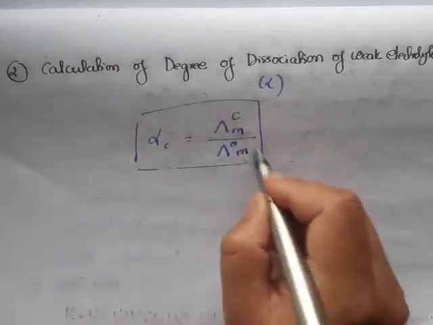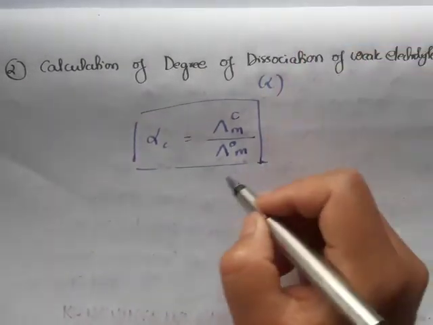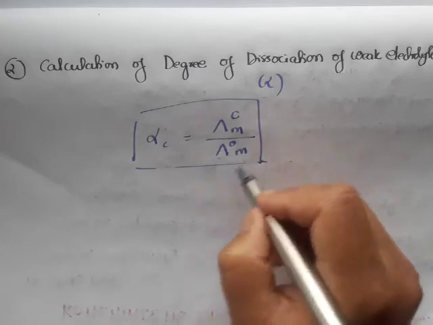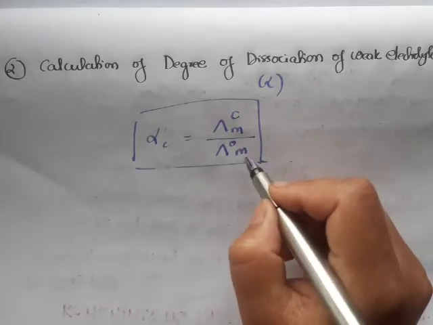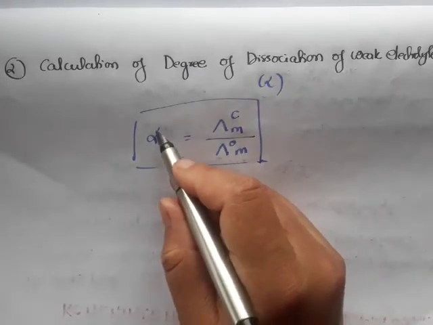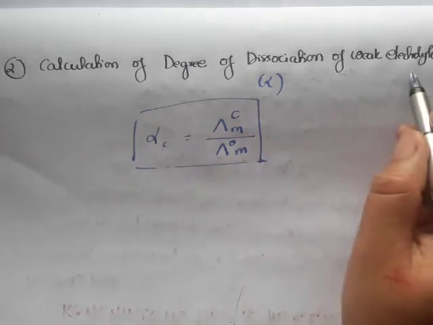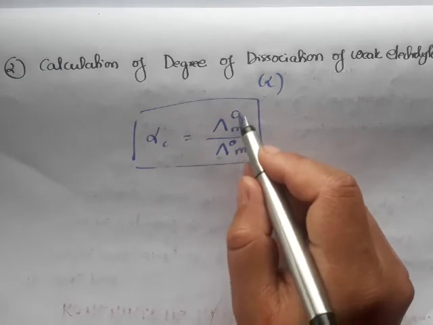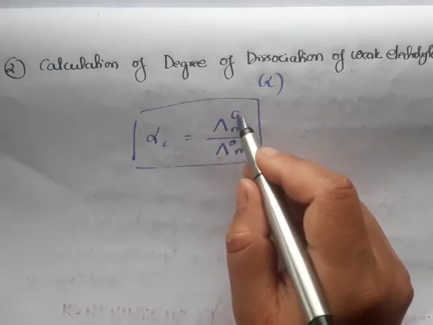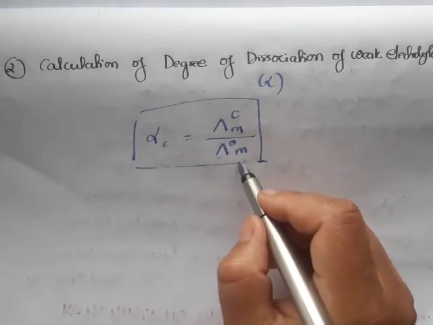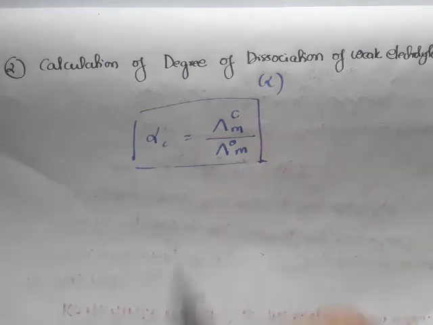As above, we already calculated the limiting molar conductivity of the weak electrolyte, and from there we can easily calculate the degree of dissociation. Again, it is the molar conductivity at any concentration divided by the molar conductivity at infinite dilution.